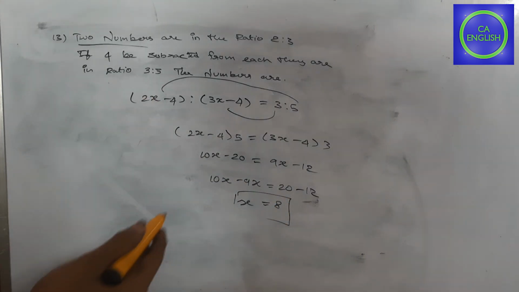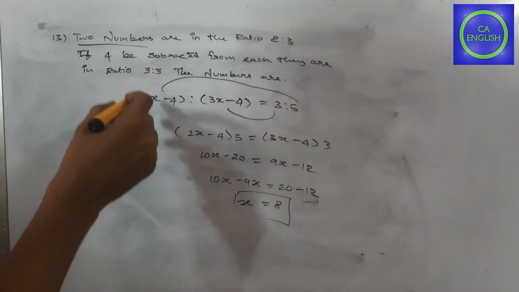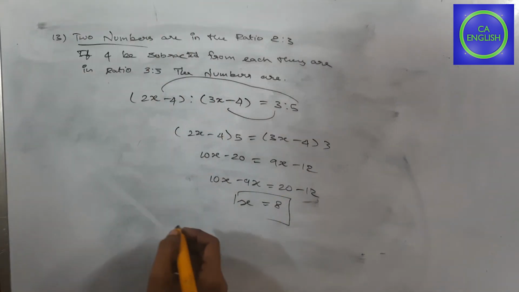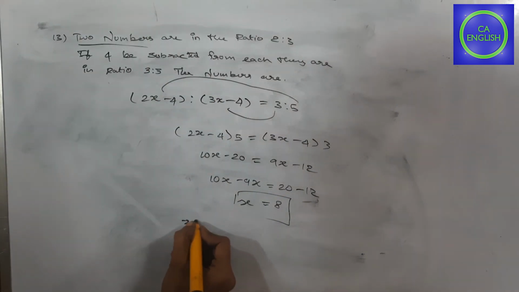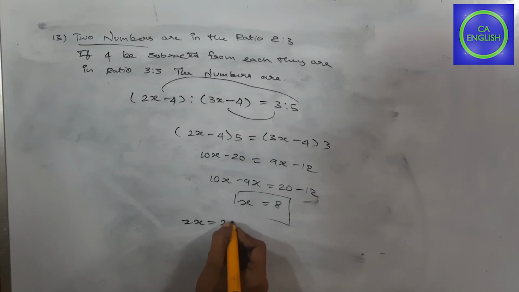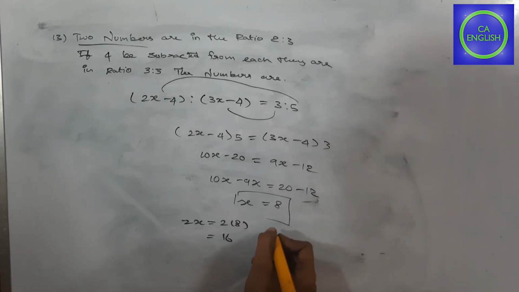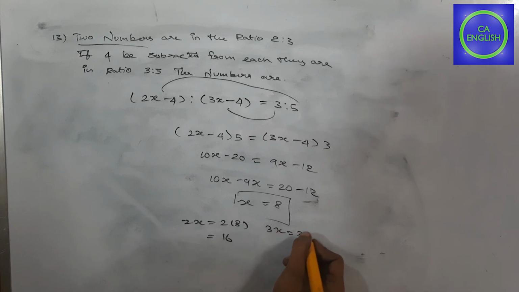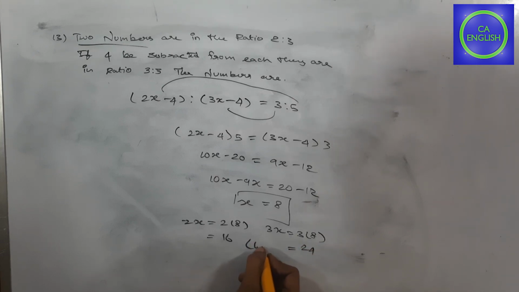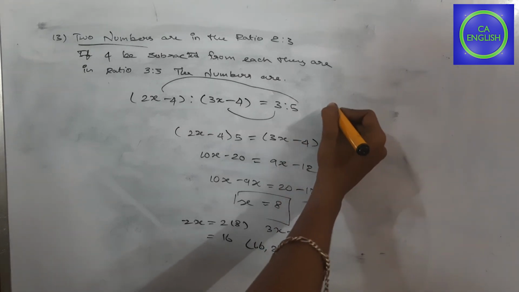Then apply the value of x into 2x and 3x. 2x is equal to 2 into 8, therefore one number is 16, and the other number 3x is equal to 3 into 8, which is 24. The answer is 16 comma 24, option A.